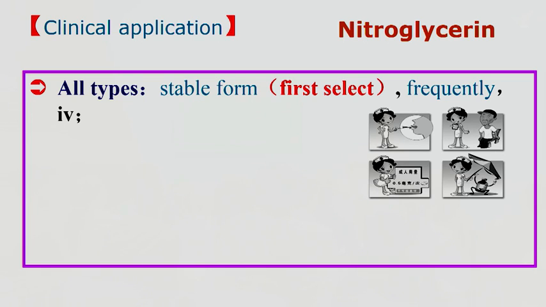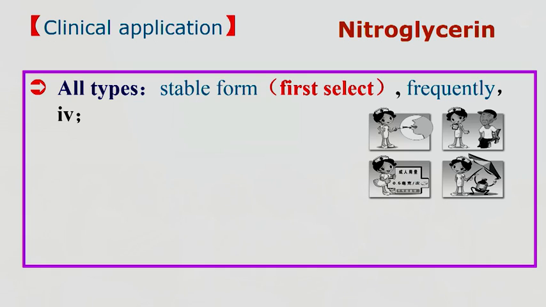We know the reason they suddenly have serious pain is that their oxygen consumption usually increases. So for most patients, who have stable angina, nitroglycerin is the first choice agent, and sublingual administration is used for frequent attacks.